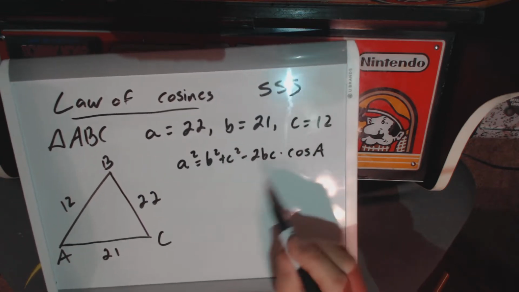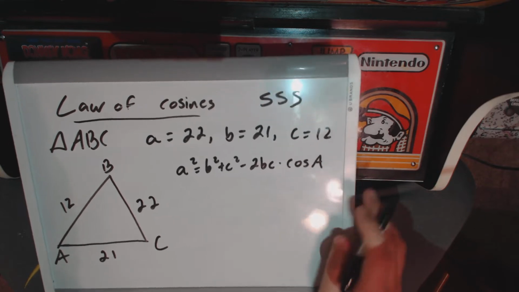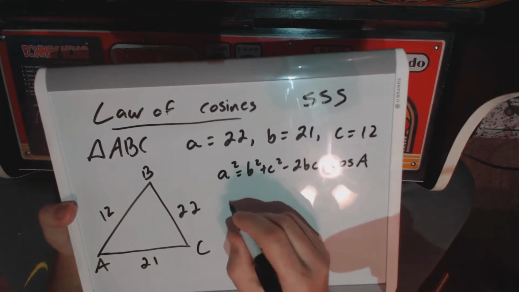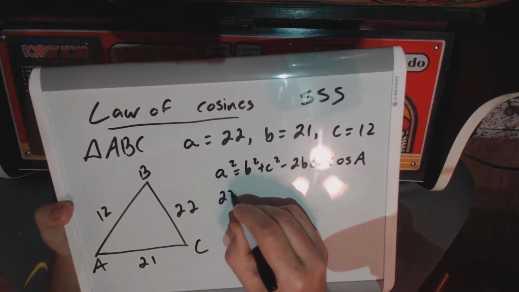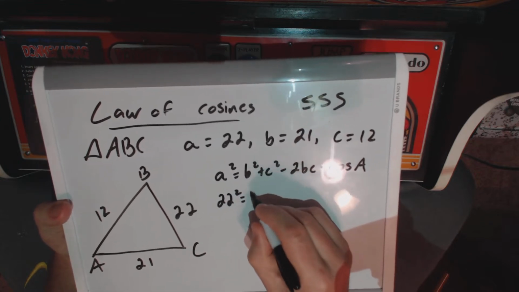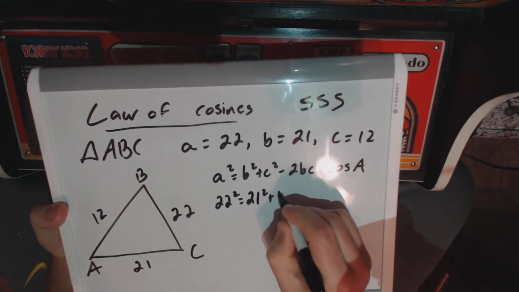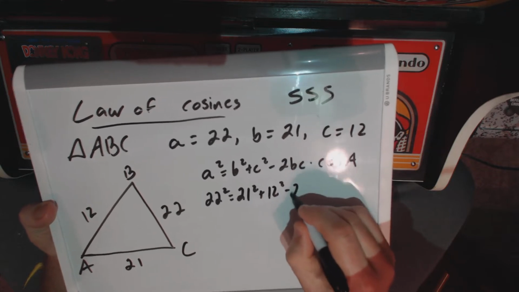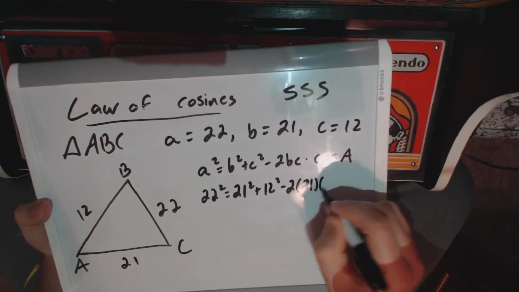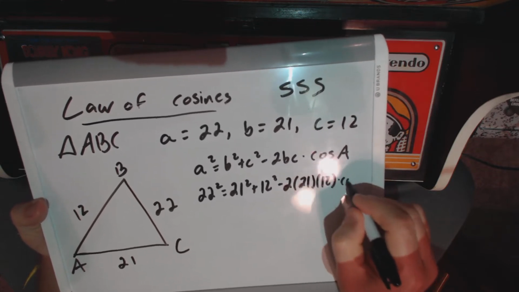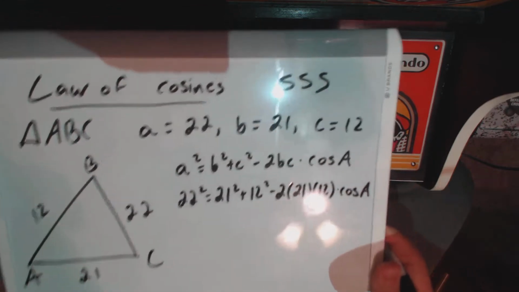So I'm going to fill that information in. Watch this real quick. I'll say 22 squared equals 21 squared plus 12 squared minus 2 times 21 times 12 times the cosine of A.